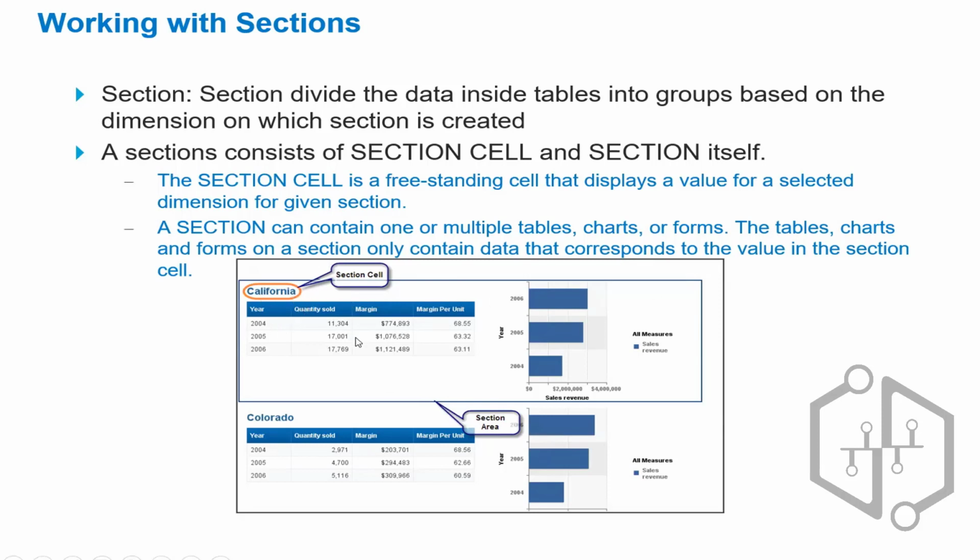Here California is the value, so it only represents the data for California. The section below represents the data for Colorado. So we can segregate the data based on a particular dimension by creating sections like this.